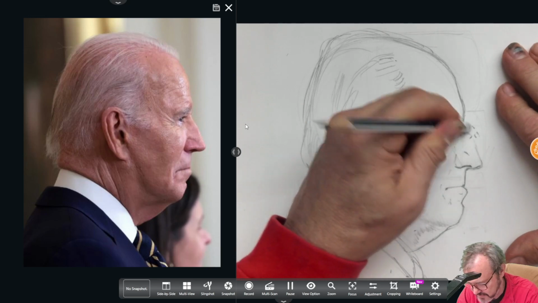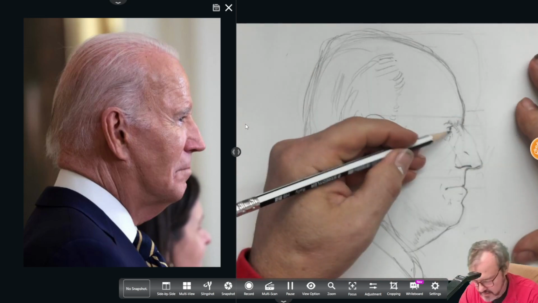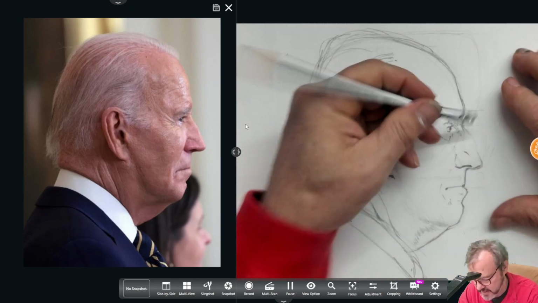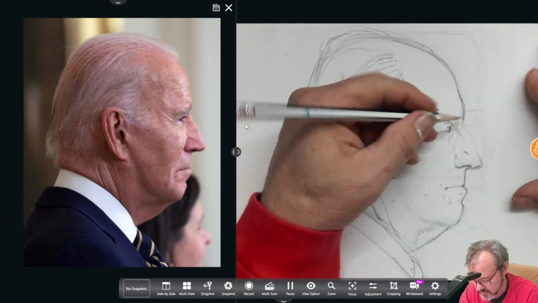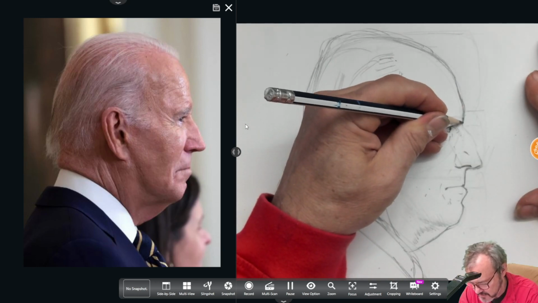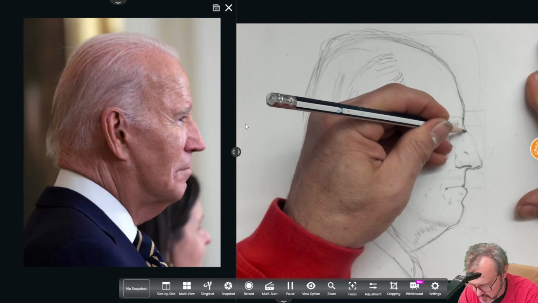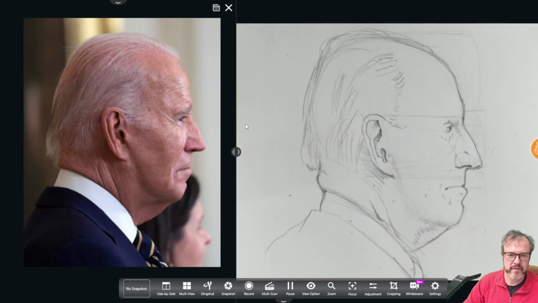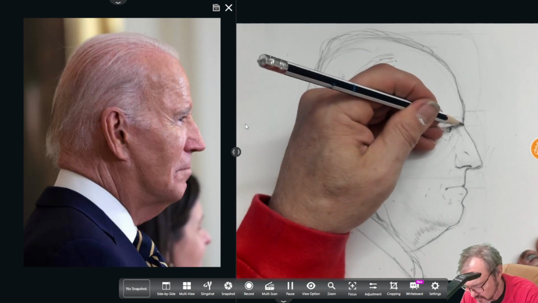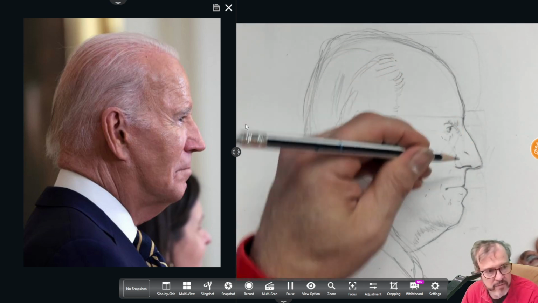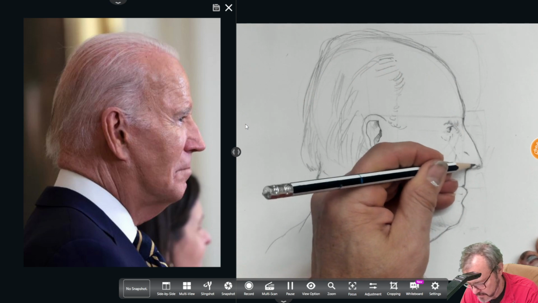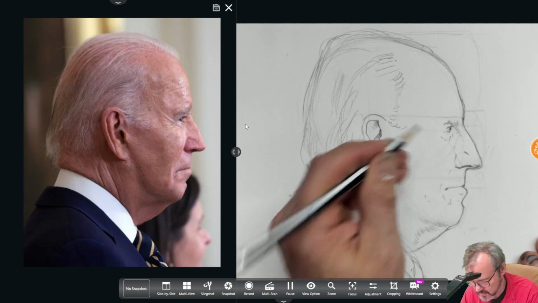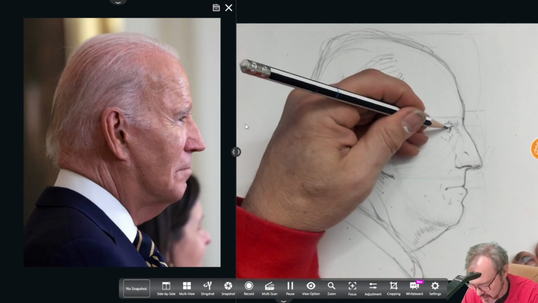Yeah. Thank you. Oh, and actually the indent above his nose doesn't go back quite as far. So I'm going to just straighten this line out a little. Yeah, that looks a little better. What do you think? Would you recognize that as Biden?